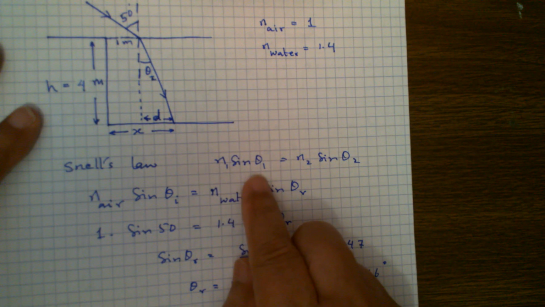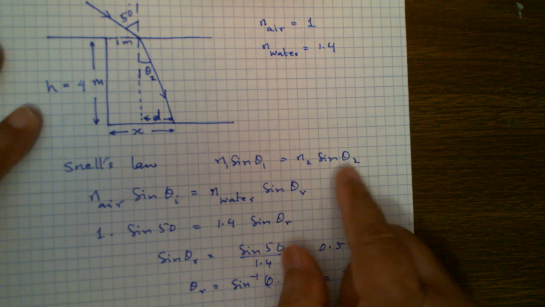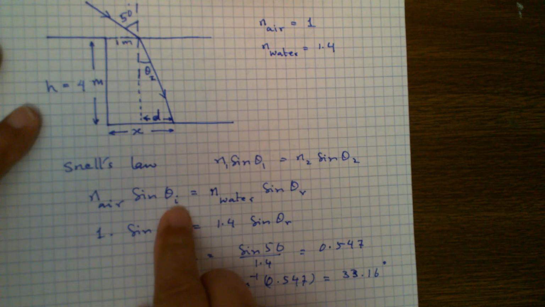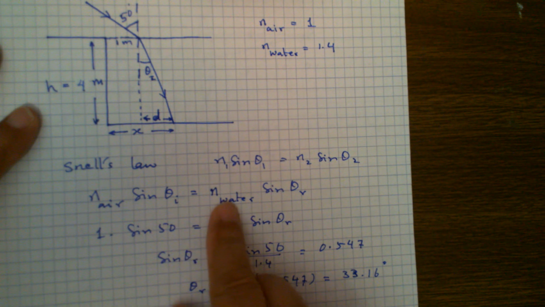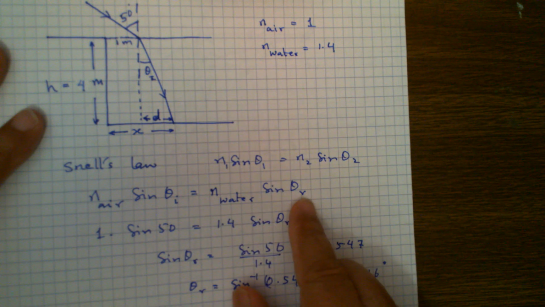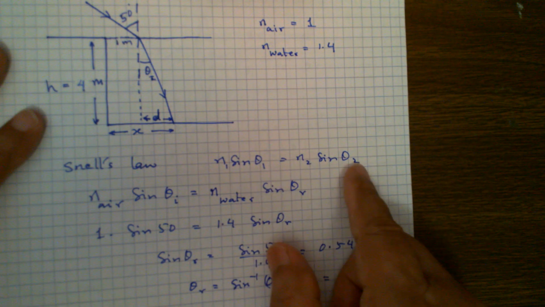So n1 sine theta 1 is equal to n2 sine theta 2. Let's call medium 1 to be air. So n air sine theta incident is equal to n water sine theta refracted. I just call theta I and theta R instead of theta 1 and theta 2.